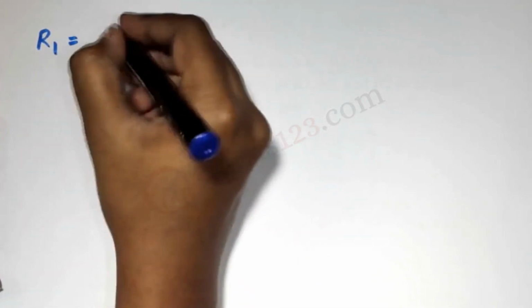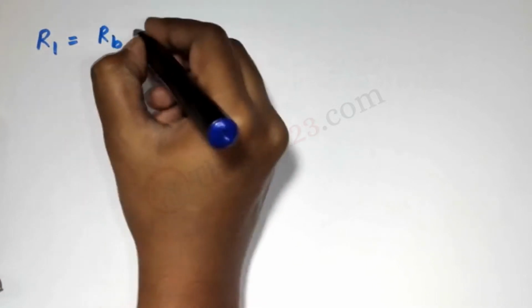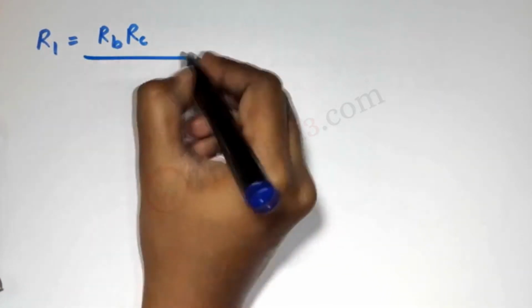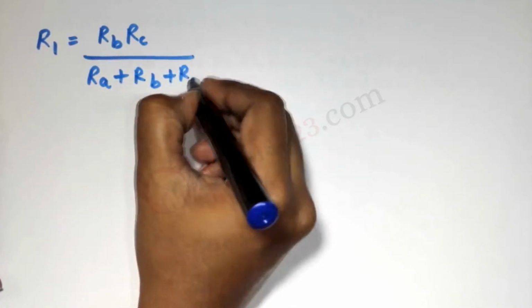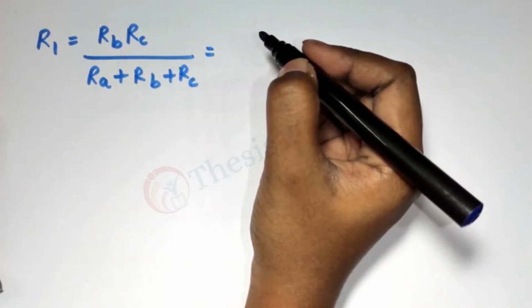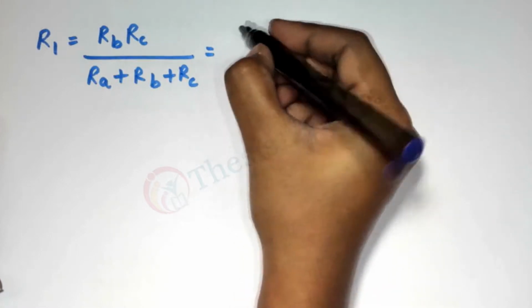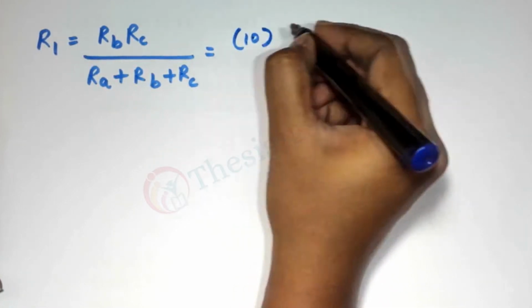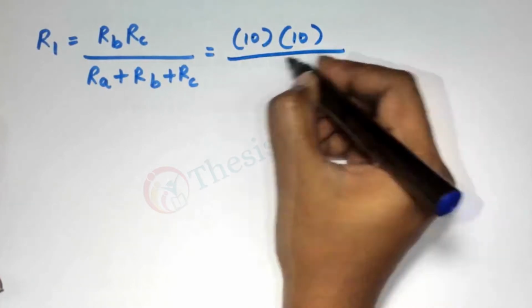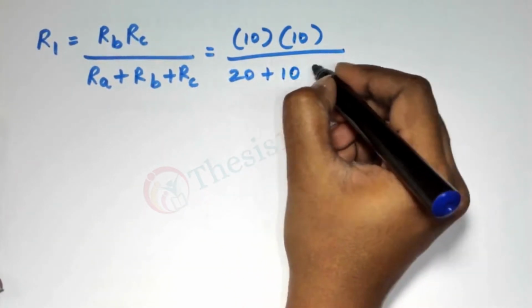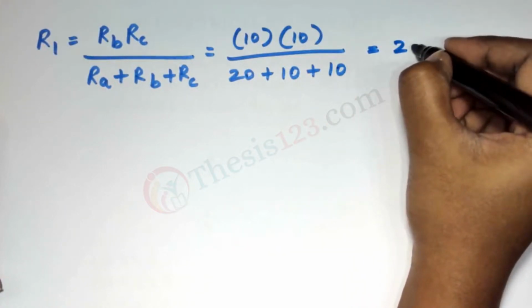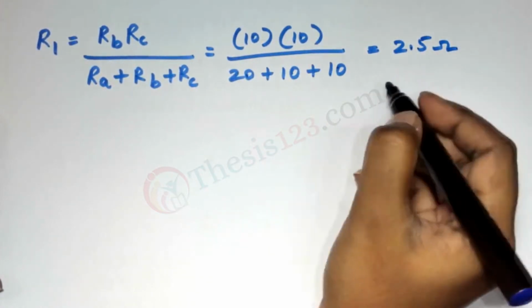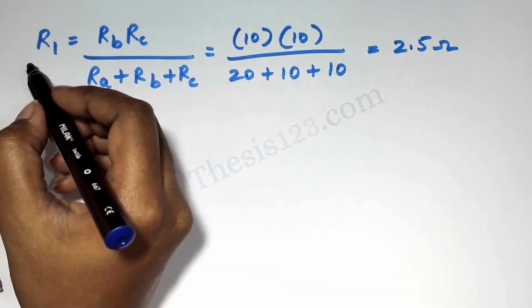Now R1 is equal to RB RC divided by RA plus RB plus RC. Now let's plug in the values. That's 10 times 10 divided by 20 plus 10 plus 10. And that gives us a value of 2.5 ohms. So 2.5 is the value of R1.